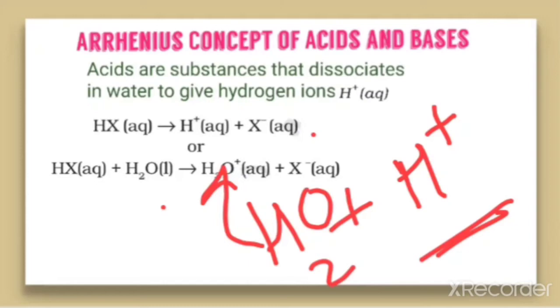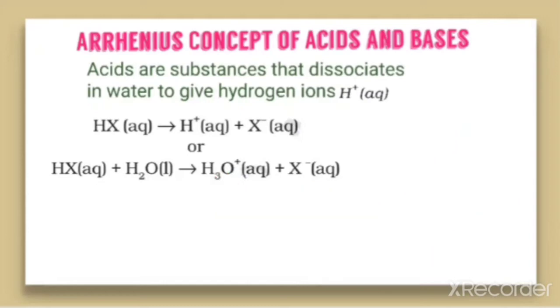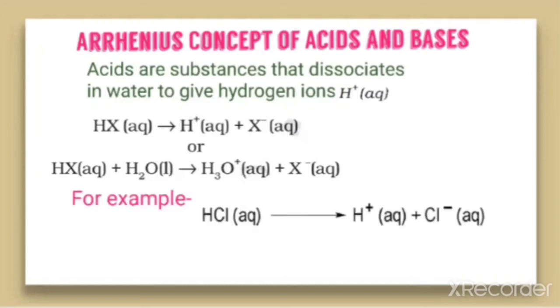In this chapter we can use H plus or H3O plus, both. So the first equation can also be written as HX plus H2O gives H3O plus and X negative.